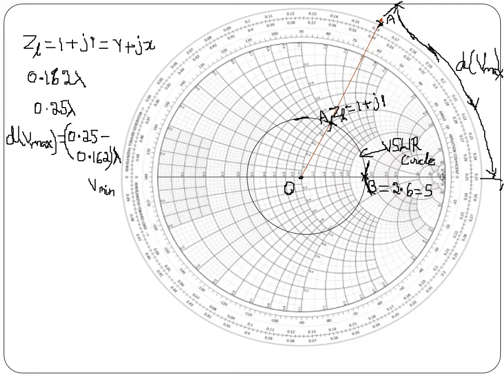Now I have to find the Vminimum position. For the Vminimum position, I have to travel from the load end towards the generator.